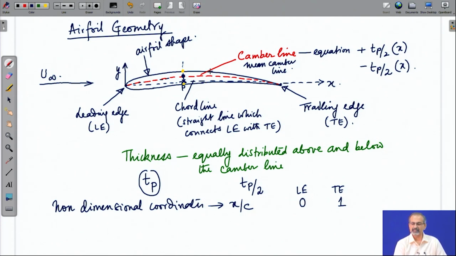You can imagine that the camber line will come and merge with the chord line, and then you will have an airfoil which does not have the curvature in the sense of the camber line. Now, airfoils which have a certain amount of camber are called cambered airfoils.